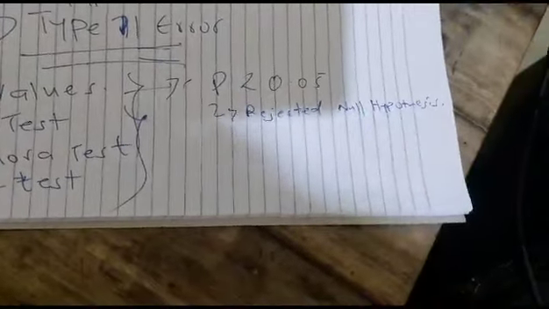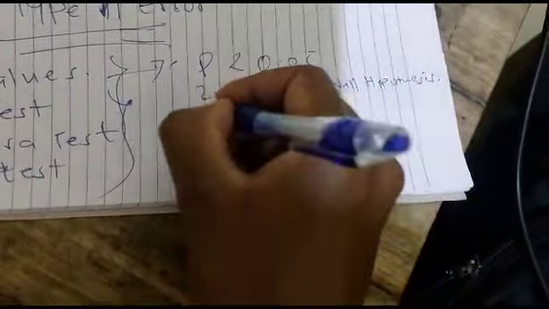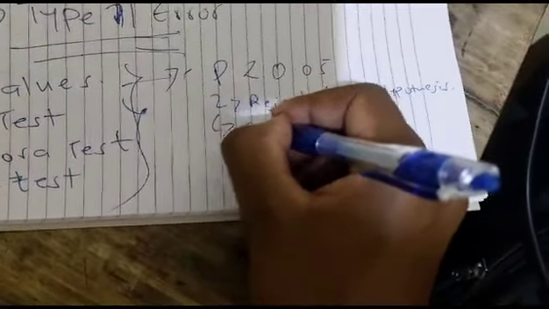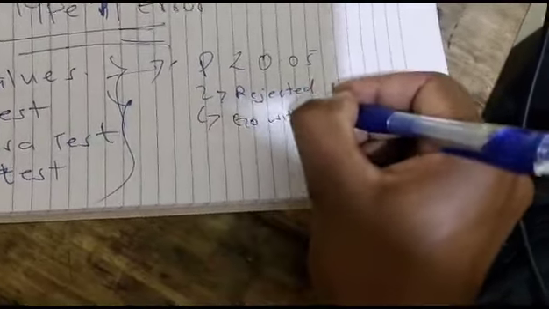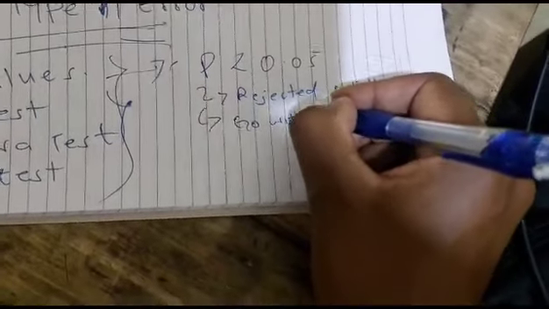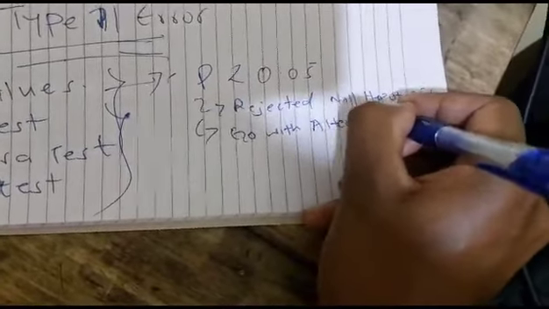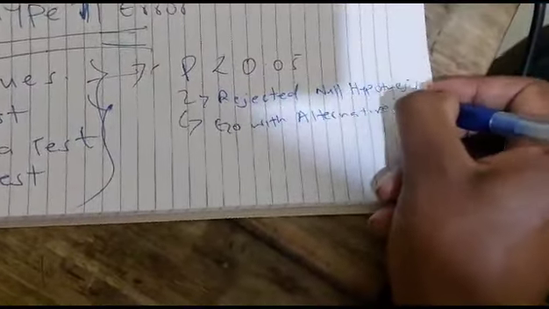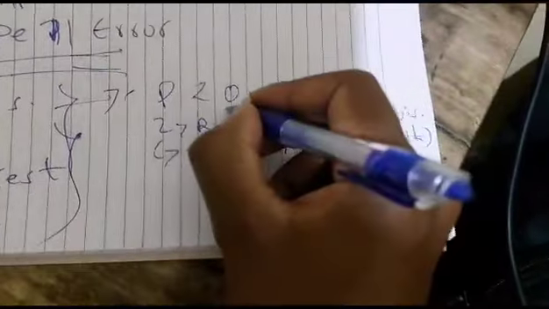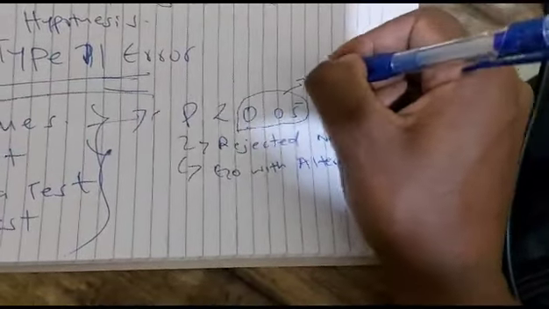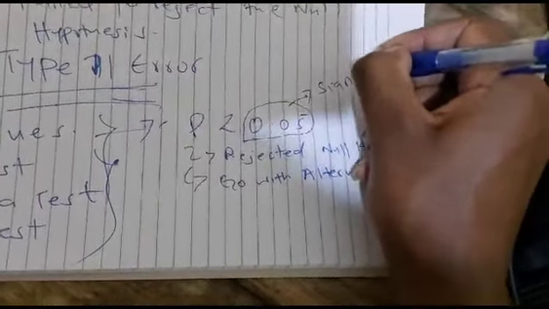If we are rejecting the null hypothesis, it means we will go with the alternative hypothesis. And this 0.05 is like a hyperparameter. This one is called the significance level.